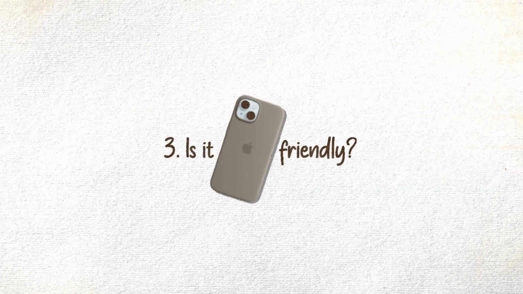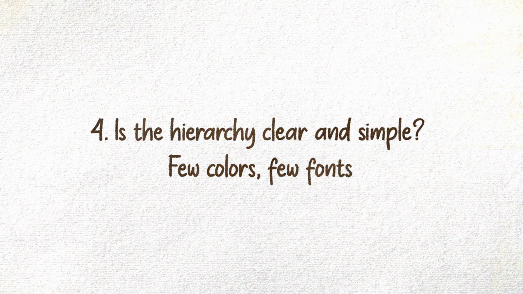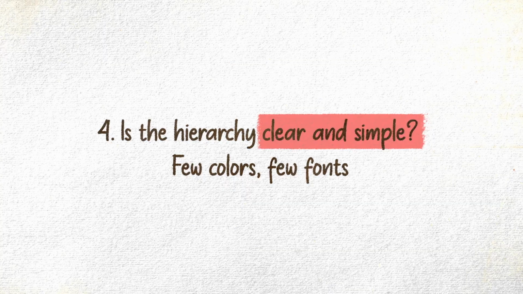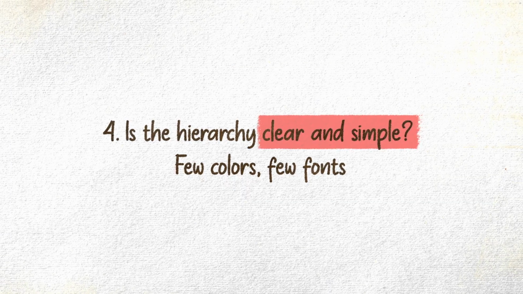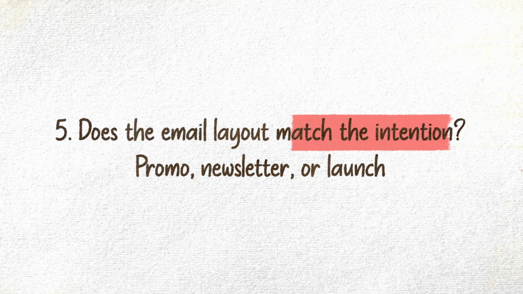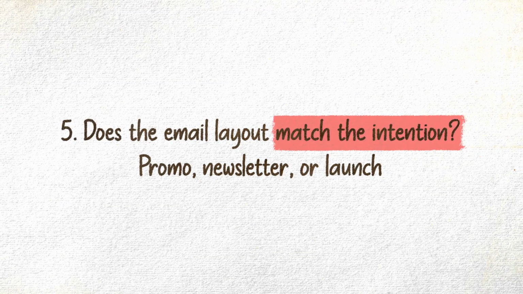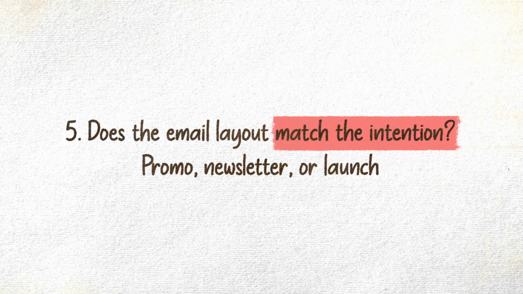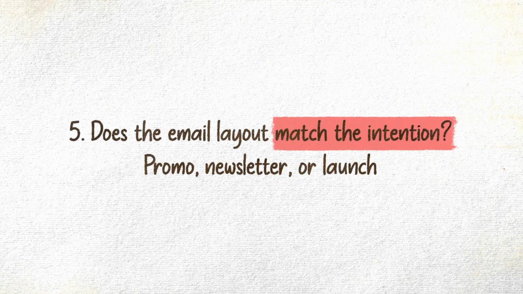Is it thumb friendly? 4, is the hierarchy clear and simple with a couple of colors and just a couple of fonts? 5, does the email layout actually match the intention of the email? Is it a promo, a newsletter, or a launch?